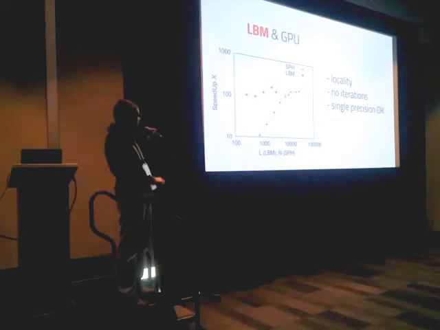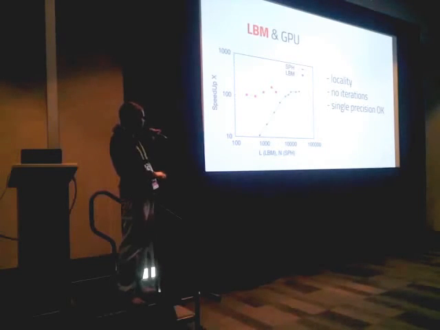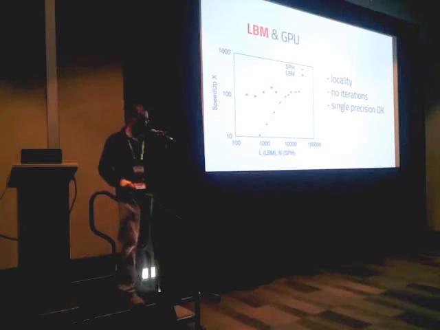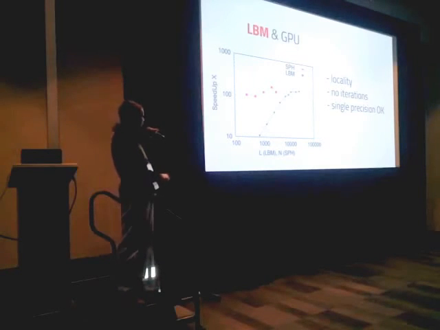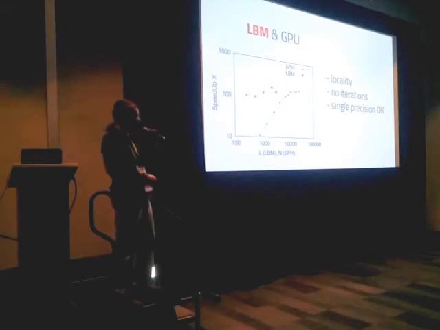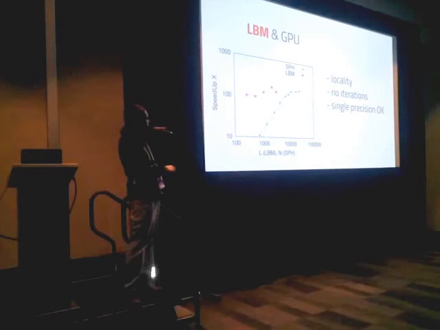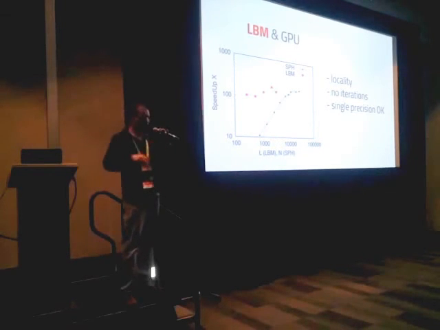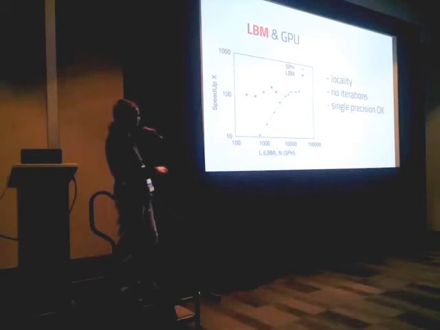There is a plot of the speedup of a Lattice Boltzmann code, where on the x-axis you have the number of lattice points. The speedup is more or less 100 compared to a single CPU, of course, at this point. But you may decrease it to 5 times if you are honest.